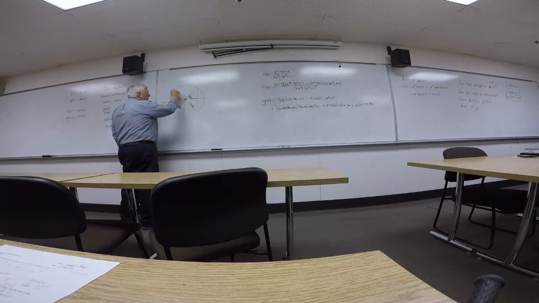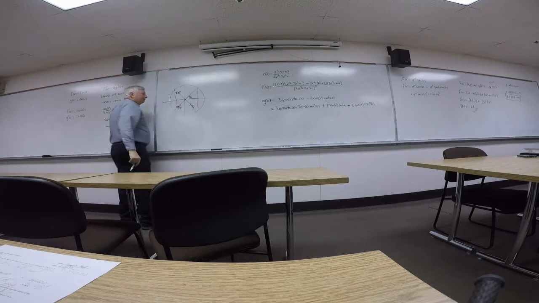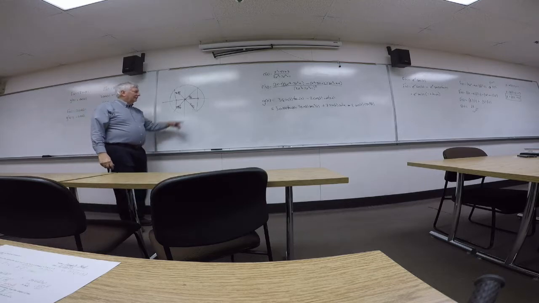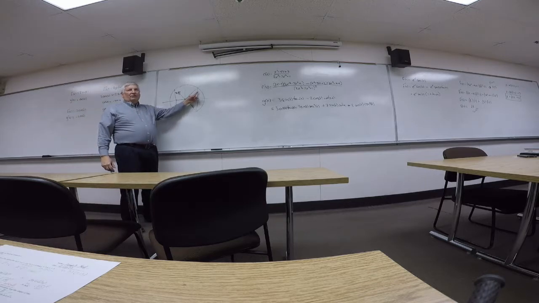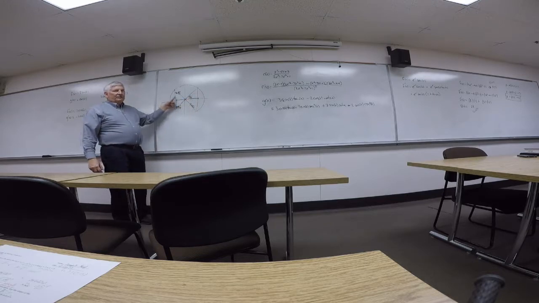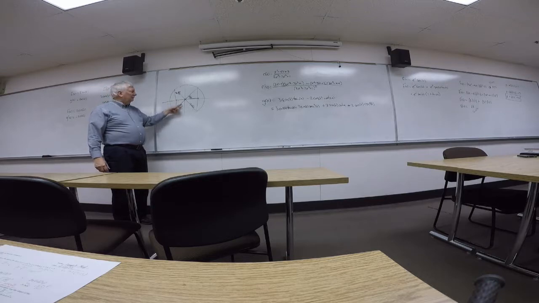So where is the tangent equal to -1? The tangent is the y value over the x value. Positive y value over negative x value, -1. Negative over negative, positive 1.